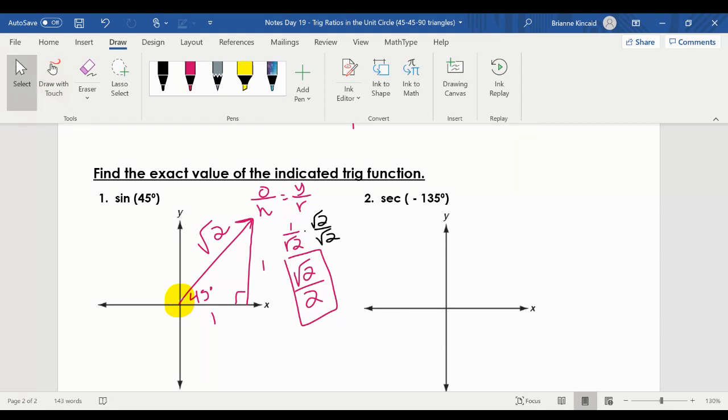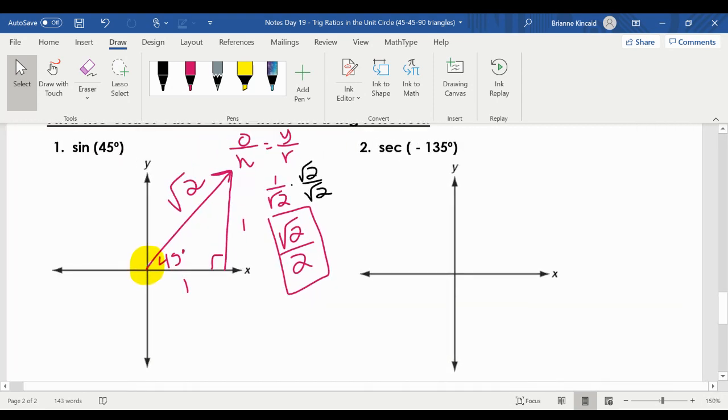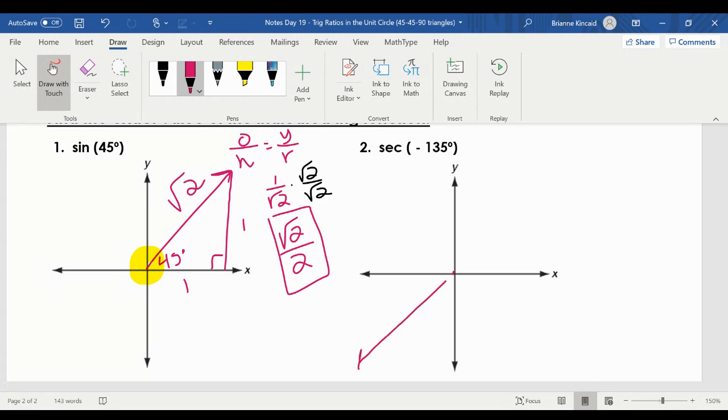For the second example, secant of negative 135 degrees, that's in the third quadrant because remember, negative angles move clockwise. So if that is negative 135 degrees, I have 45 more degrees to go to the x-axis.